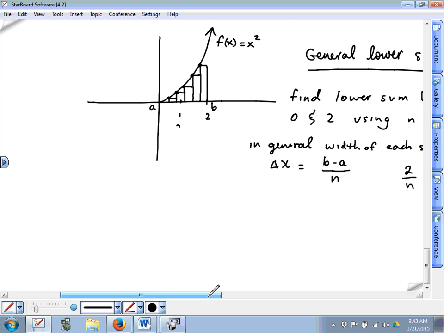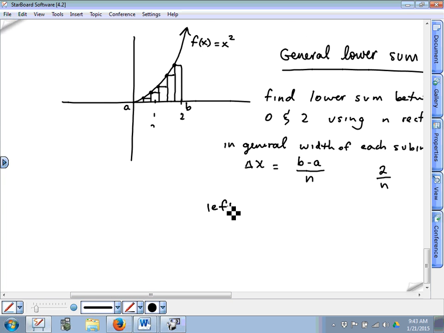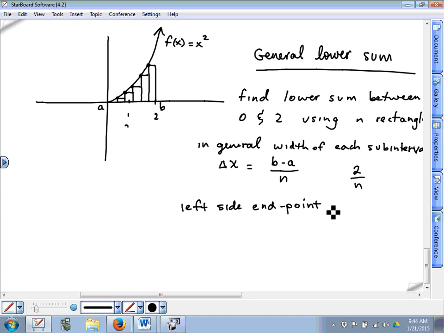So, left side endpoint. This is a left side endpoint. Means that each input is going to be 2 over n times i minus 1.